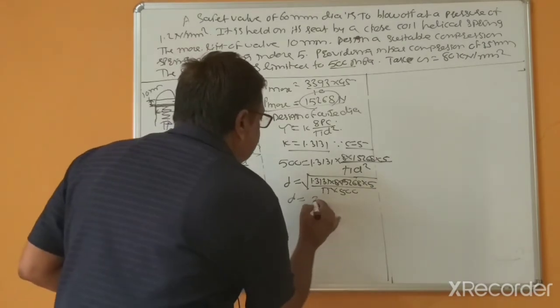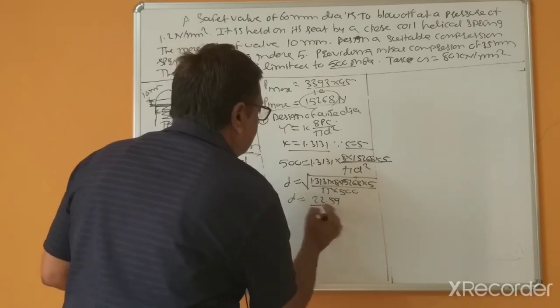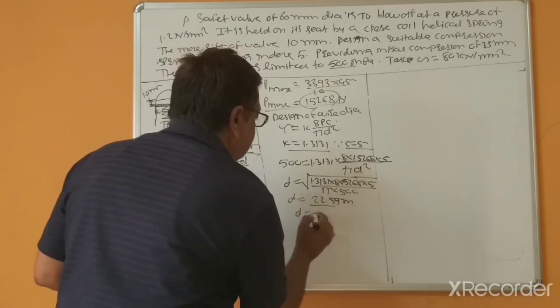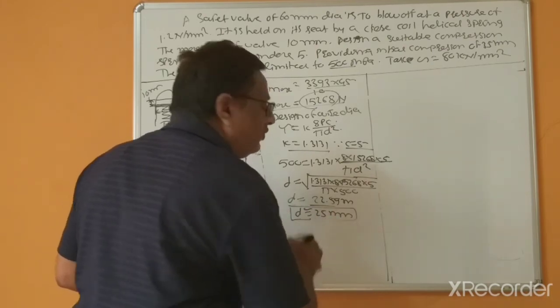This diameter is equal to 22.59 mm. Suppose I increase it to a standard wire diameter equal to 25.